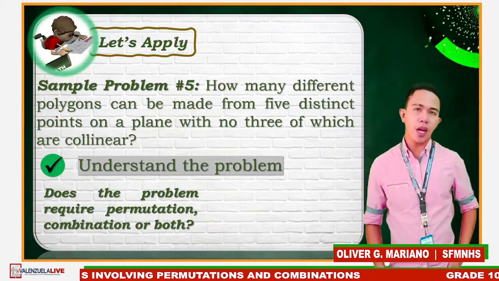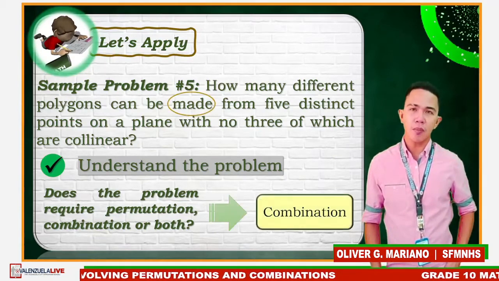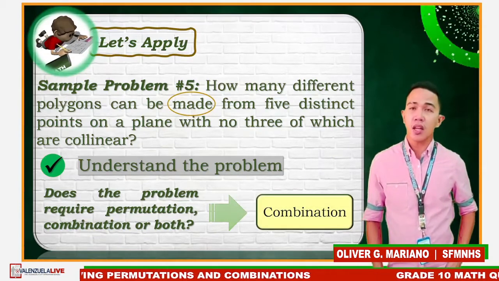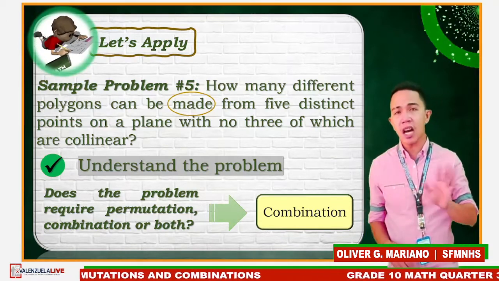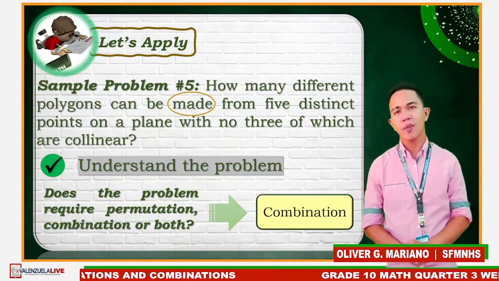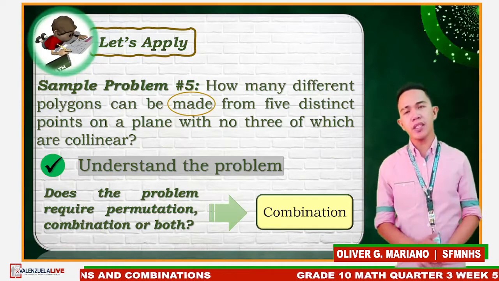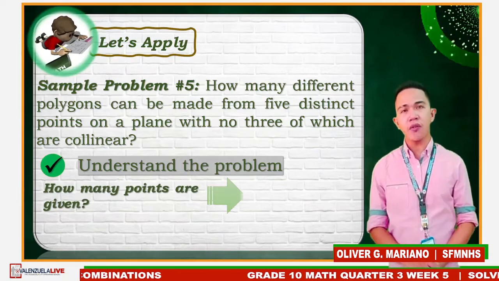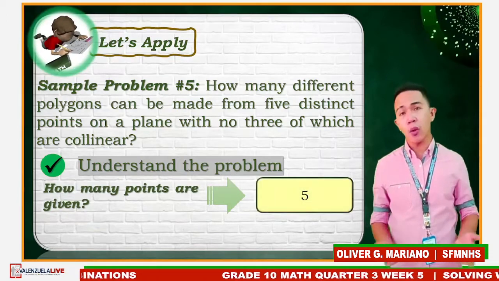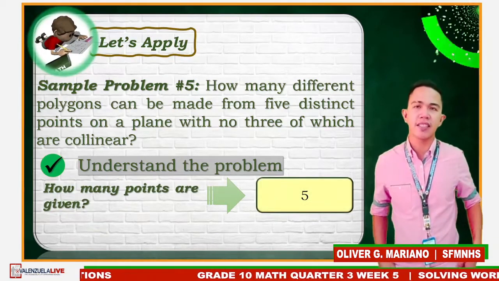Nice. The problem requires combination. The order of choosing the points needed to form a polygon is not important. How many points are given? Correct. We are given 5 distinct points with no 3 of which are collinear.